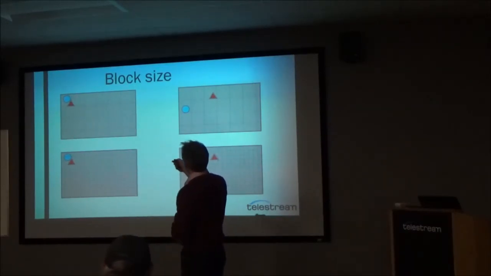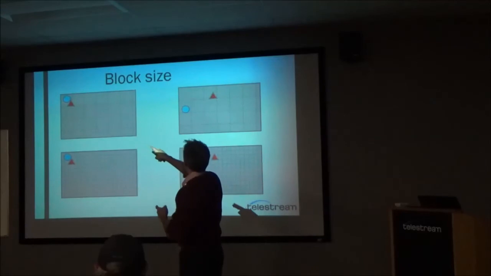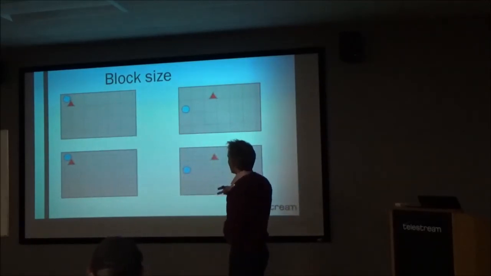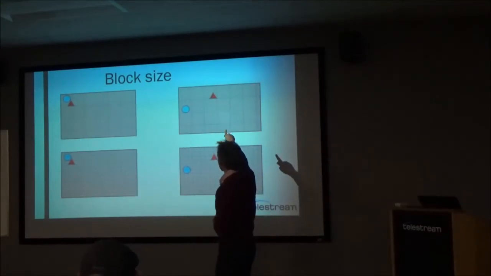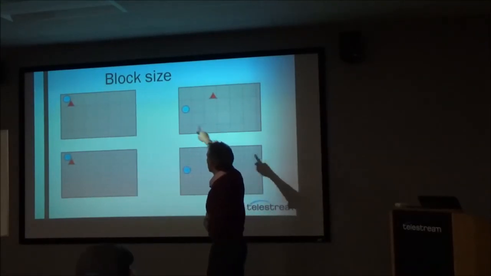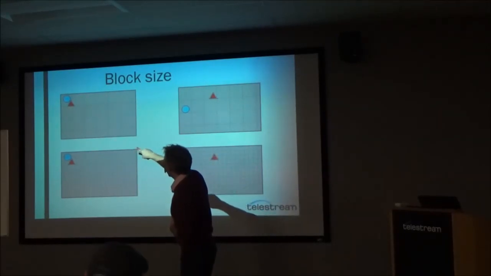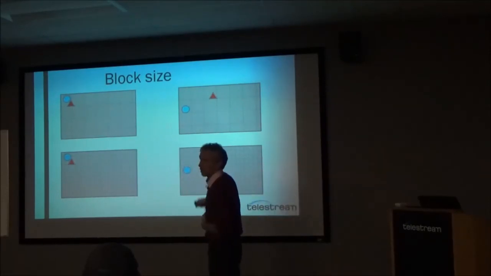In this big block example, I've got a blue circle and a red triangle, and when I go to the next block over, the red triangle moves to the right, the blue circle moves down. If I'm trying to predict this block that the red triangle's in, and I look to my previous frame, there is no red triangle on its own in the previous picture. So there's no block that I can refer to that accurately predicts just the red triangle on its own.